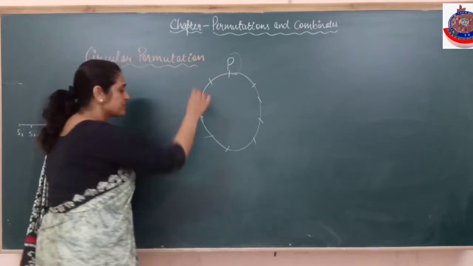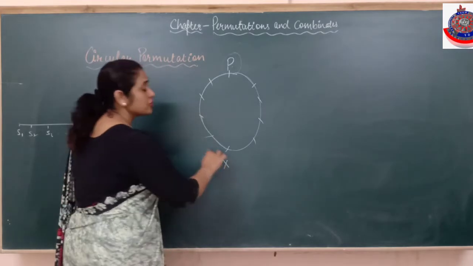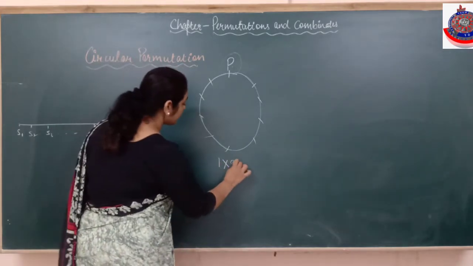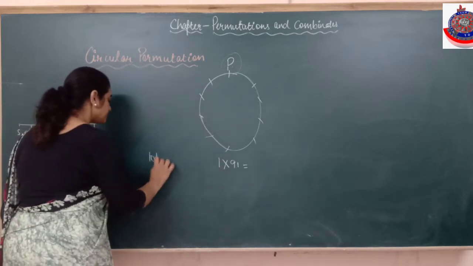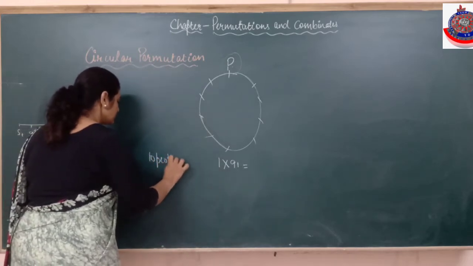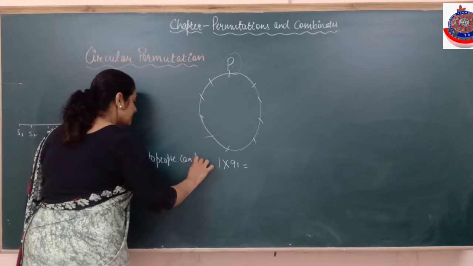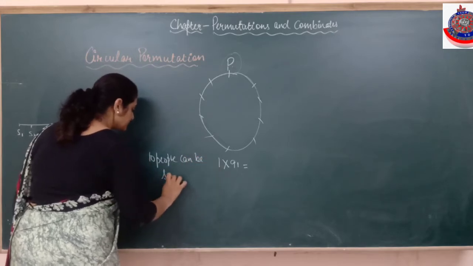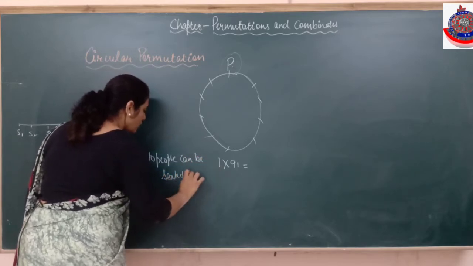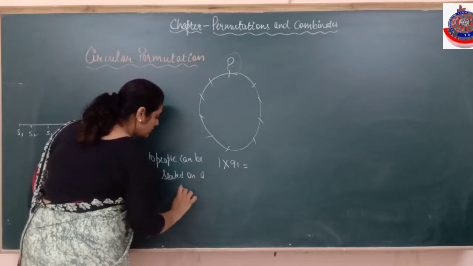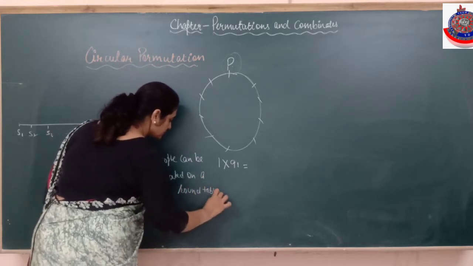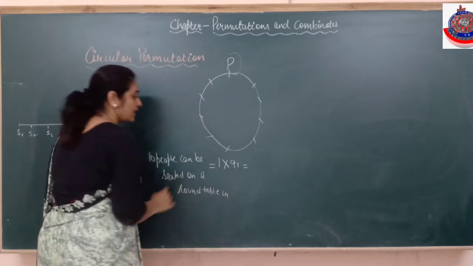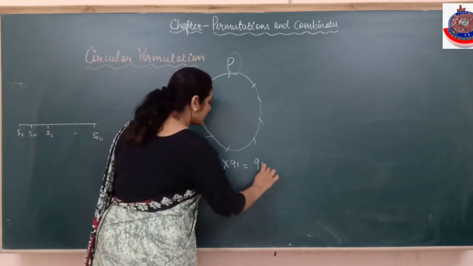So that means the principal will sit in one way. The remaining 9 people will sit in 9 factorial ways. So that means 10 people can be seated on a round table in 1 into 9, that is 9 factorial ways.